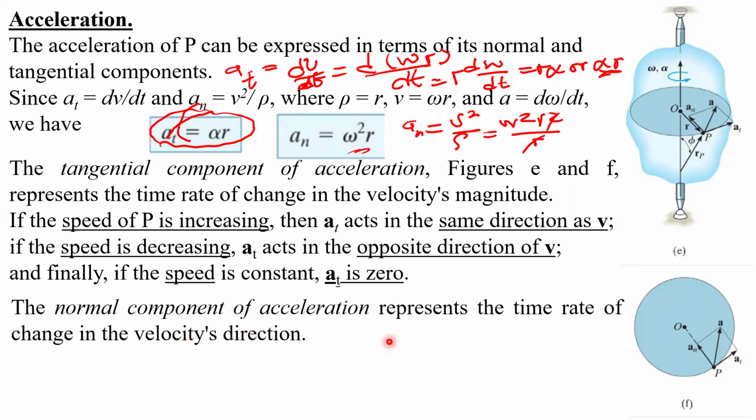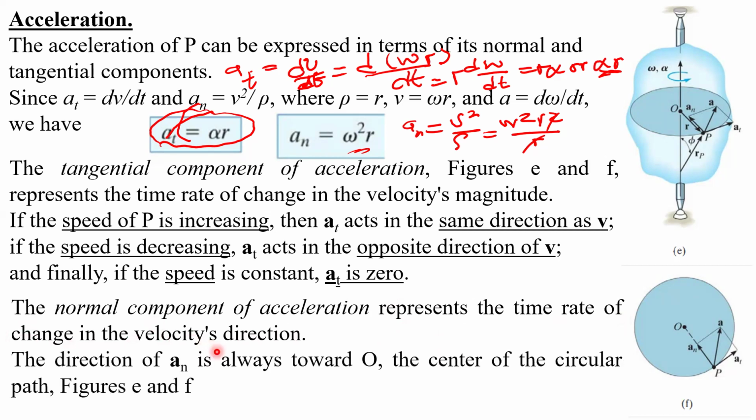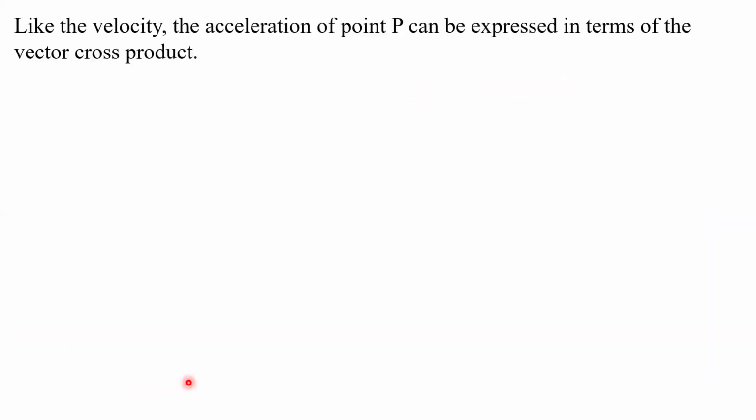The normal component of acceleration represents the time rate of change in the velocity's direction. The direction of normal acceleration is always towards O, the center of the circular path, as shown in figures E and F.